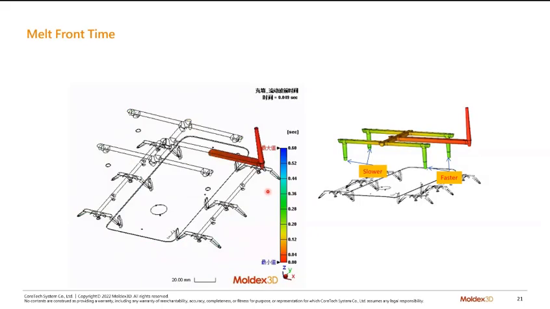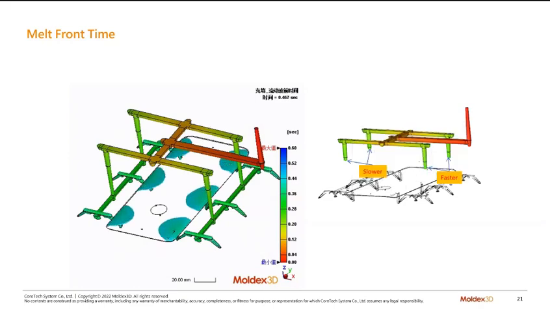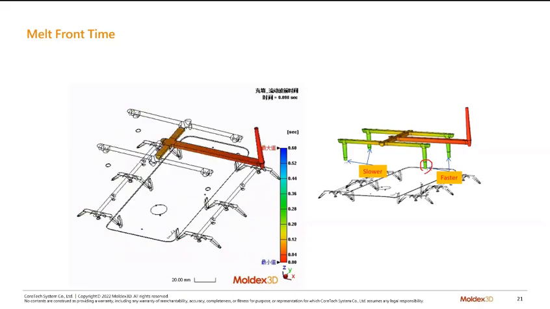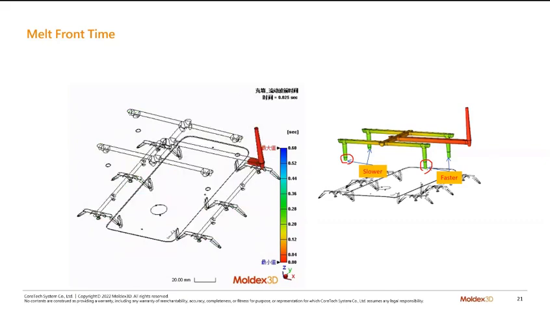Okay, they tried to check the melt front first, and you can find out that here we have a fast flow, even though the runner looks quite symmetrical on the top of the system.